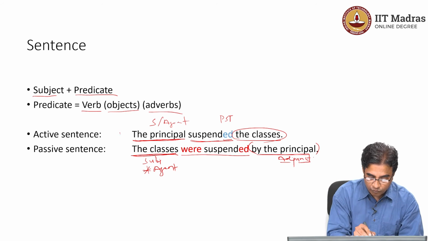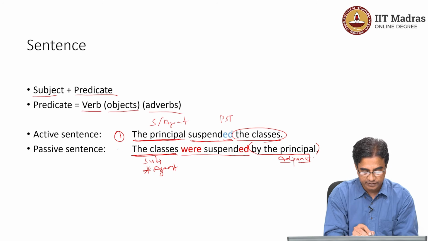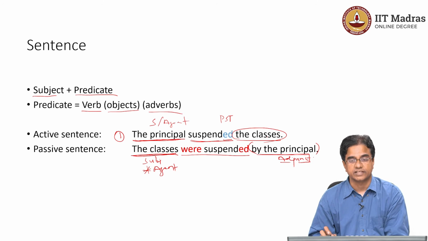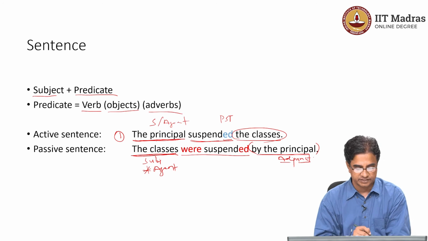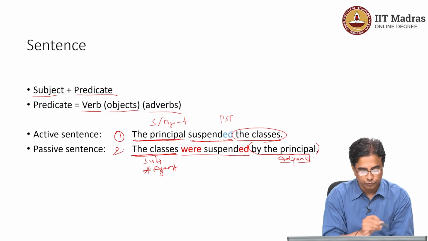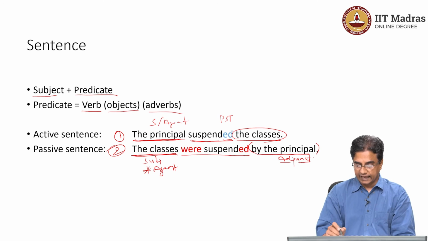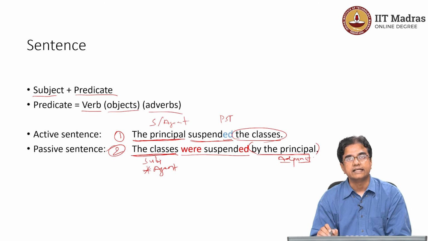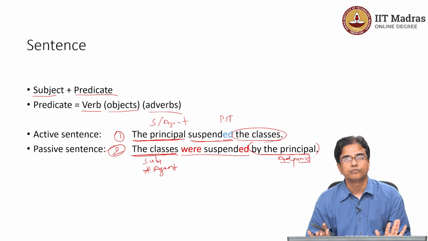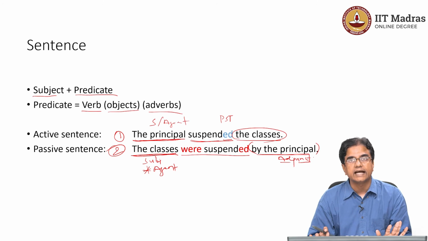In sentence number 1, which is active, classes are the object and principal is the subject. In sentence number 2, which is passive, the classes are the subject and by the principal is an adjunct. Period. No more on that.